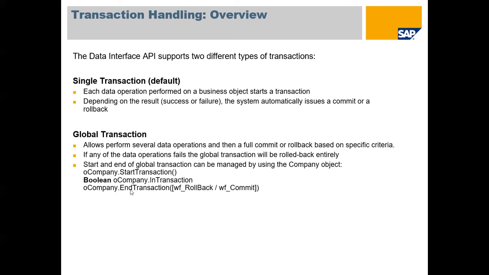There are three important things here. StartTransaction starts the global transaction, then we have a boolean InTransaction to check if a transaction is alive or not, and then EndTransaction to commit or to roll back a transaction.